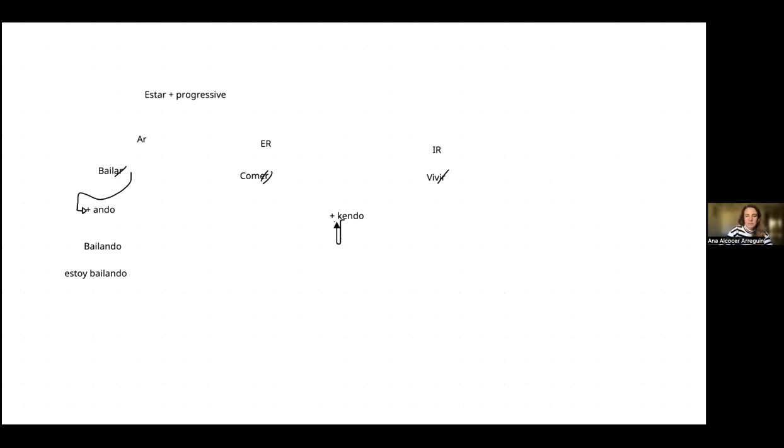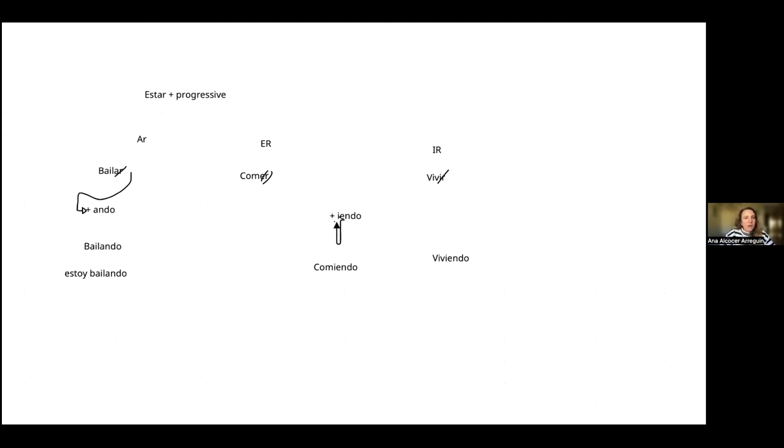Okay, iendo. For example, comer without the ER is com, and then comiendo. Estoy comiendo. For vivir, it's estoy and then the ending: viviendo. Remember, you need the verb estar, depending on the subject.